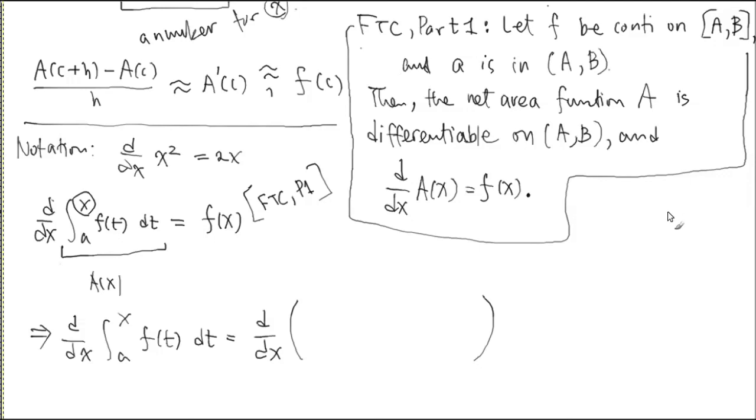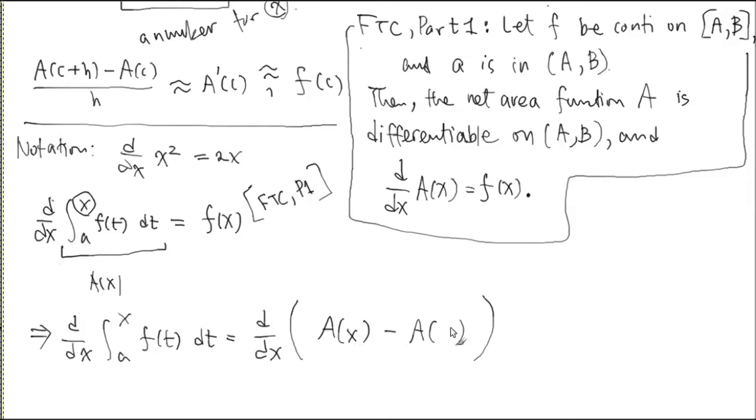By looking at part 1, you can use A(t). The Fundamental Theorem of Calculus part 1 says there is something called A(t), the net area function, that is an antiderivative. So rather than using F(t), you can use A(t). Does that make sense? What is the first input here? x.